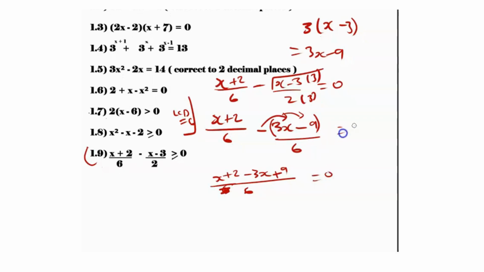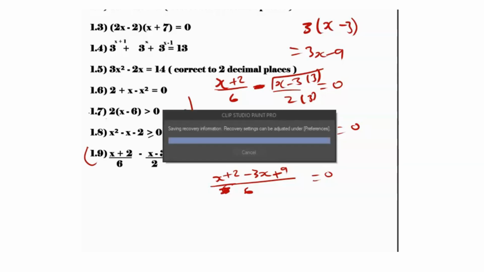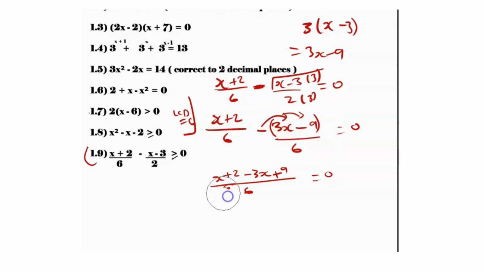So let's proceed. Remember, the negative was already here, so you cannot just leave it out. Please make sure you deal with it before it deals with you. So it's going to give us negative 2x, and here it's plus 11, all divided by 6.